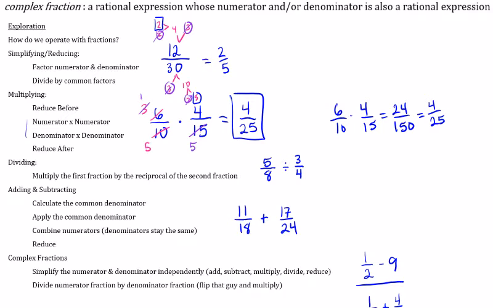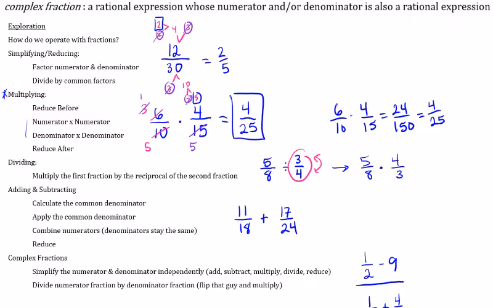All right, now dividing is pretty much the same thing, except we just have to flip that guy and multiply, right? We multiply the first fraction by the reciprocal of the second fraction. So I'm going to flip this around and rewrite it as 5 over 8 multiplied by 4 over 3. Now it's back to what we did with multiplication.